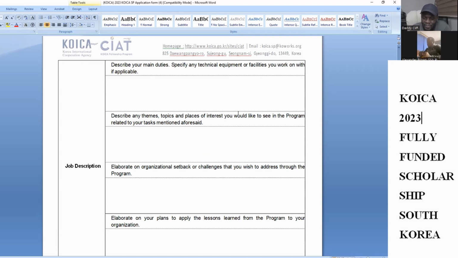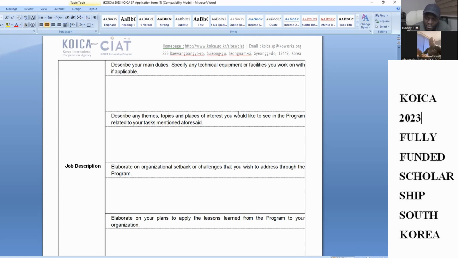With every university, they have places, programs or activities that they carry out throughout the program. That document, as I've already stated earlier on, will be given to you. It will be part of the documents that you need to go through. So go through it and check all the activities that are stated there.